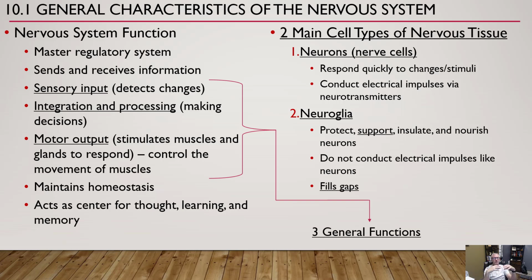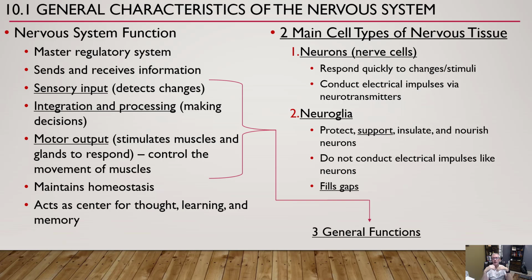Those are what conduct those nerve impulses, those electrical impulses, and release those neurotransmitters. That's what's responsible for detecting those changes from the inside of our body and the outside world. And that's what the neurons are responsible for, responding to those stimuli.